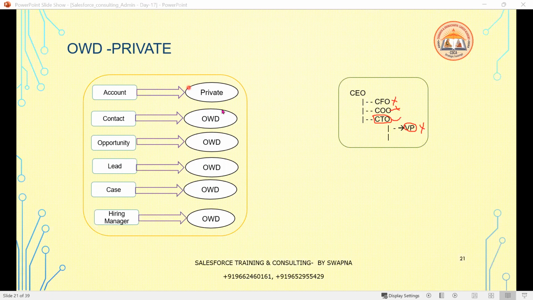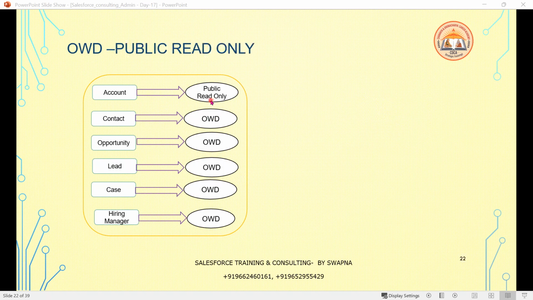Now, with private, we have done all the sharing rules. Now, coming to public read only. When I say public read only, if the CTO creates a record, the CTO will have access as well as the CEO.